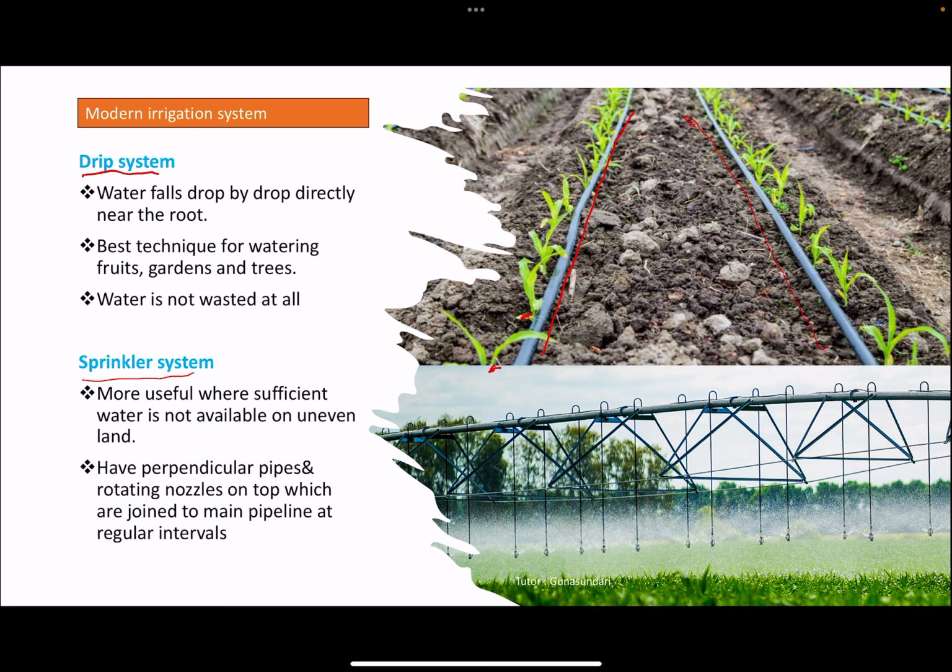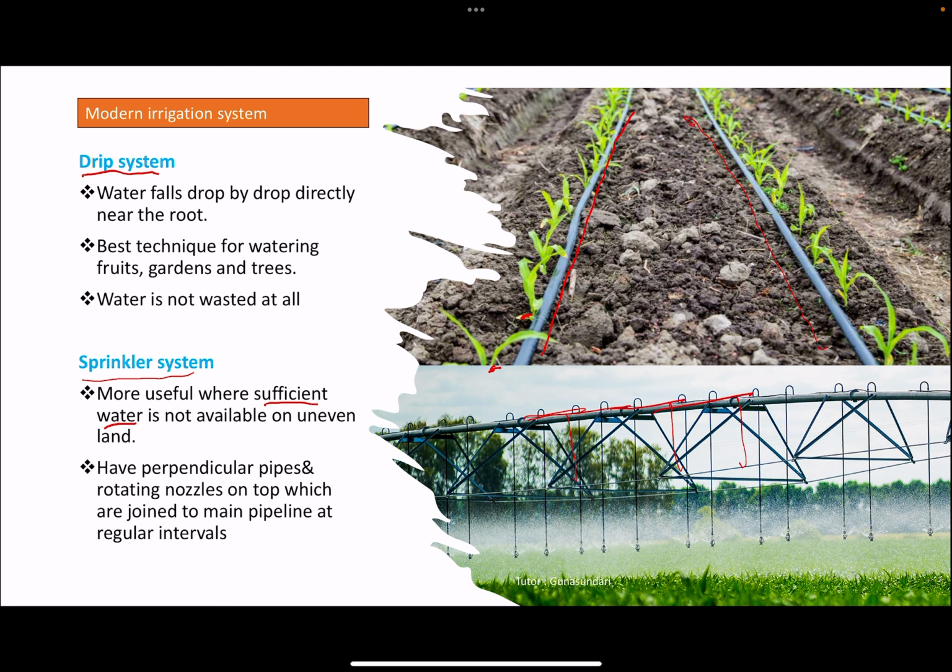And next one is the sprinkler system, which is more useful where sufficient water is not available on the uneven land. So when the land is not evenly distributed, you can prefer the sprinkler system. And here you can have perpendicular pipes, like a T-like structure, with rotating nozzles at the top, joined to the main pipeline under pressure with the help of a pump, and it escapes from the rotating nozzles.